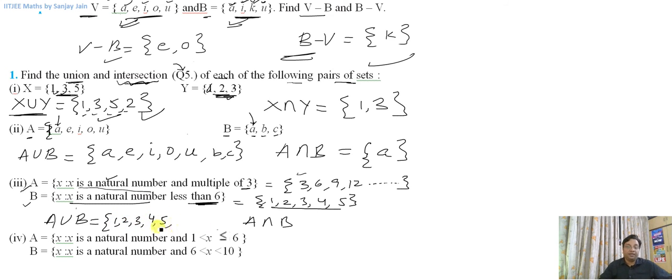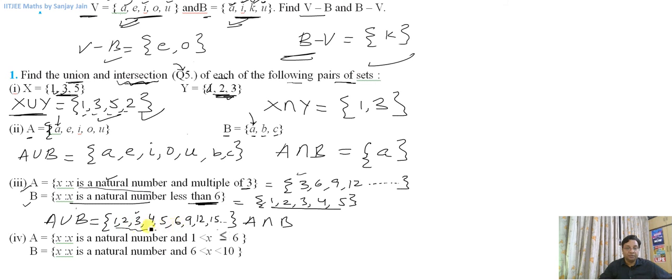Now apart from these, all the elements in set A will also be written. 3 I have already written, so let me write from 6: 6, 9, 12, 15, all these elements. I am not writing dot dot dot because it will not give you the pattern that is required.